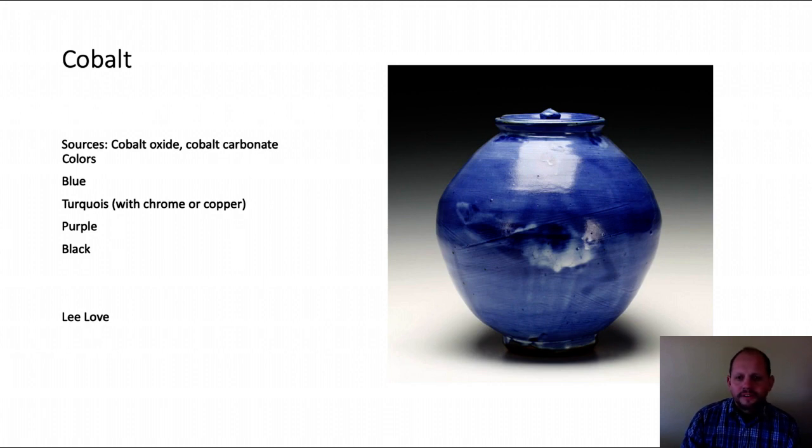Some of these materials like iron, copper, cobalt, manganese, if you have a lot, percentage wise, in the glaze in the oxide form, you can tend to get black. Many times black is made from a combination of iron, copper, cobalt, and then manganese by itself. We'll get into that later.